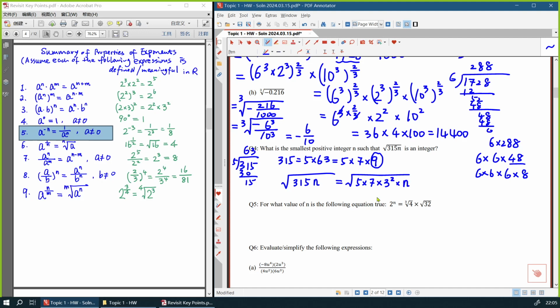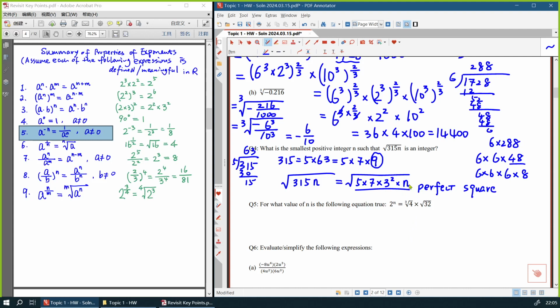When you add n here, can you guess what n is such that this number is a perfect square number? Sunny, any ideas? Sunny, can you hear me?